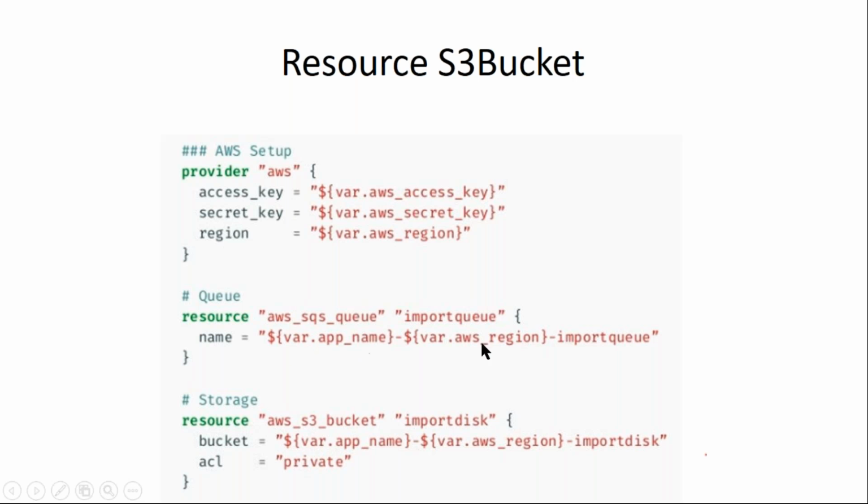AWS region is used here too, and it will be used in both. Importing and exporting will happen from the storage, and import will happen from the queue, which is what we intended to work on with the S3 buckets. That is a simple example of how we can define a resource in AWS in bigger projects.